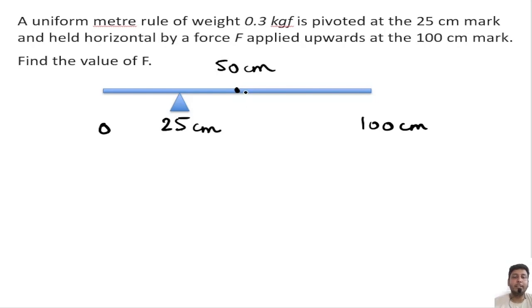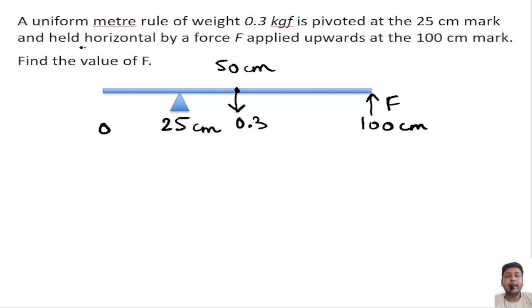So we can imagine the weight of the ruler acting in this direction with a value of 0.3 kgf. And there is a force which balances it. Its value is F and it is in the upward direction.